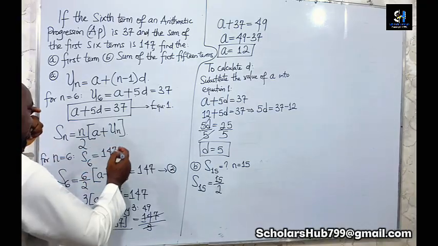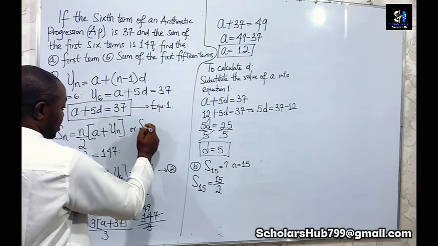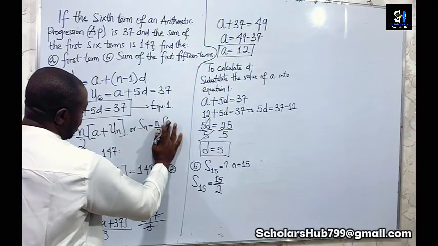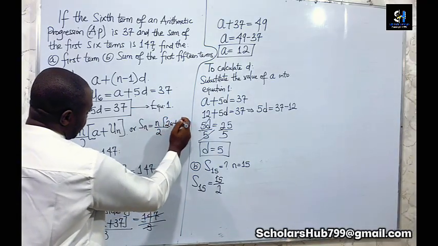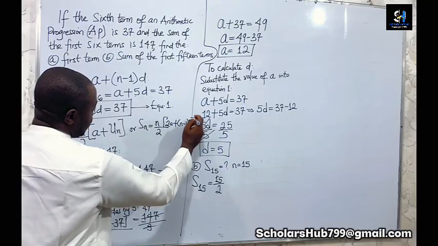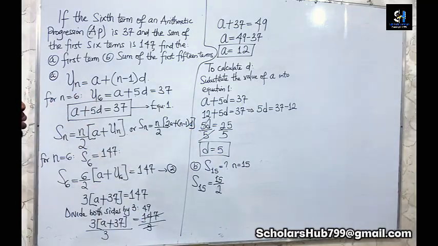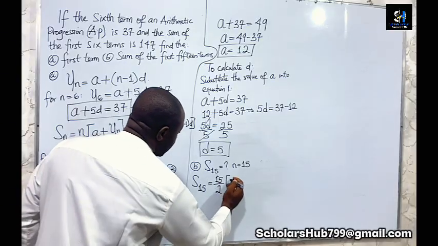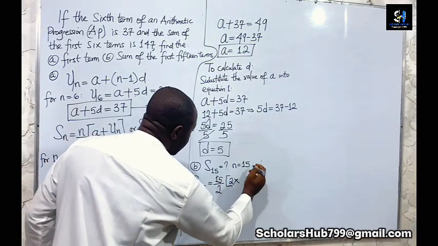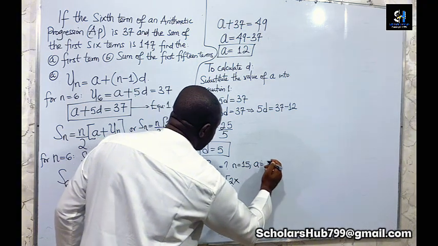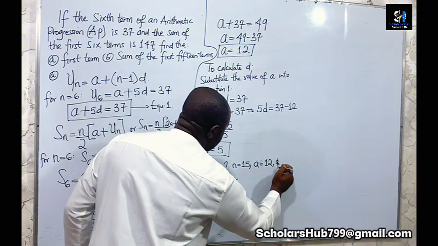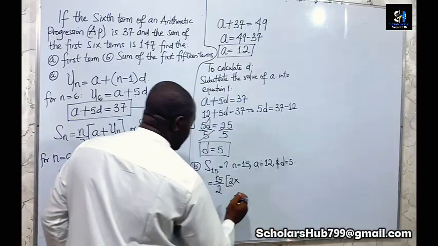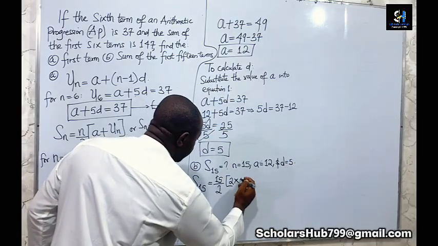Another way we can write this formula is s subscript n equals n over 2 square bracket 2a plus parenthesis n minus 1 times d. So this will be 15 over 2 square bracket 2 times a. Remember, a equals 12. Then the common difference is 5. So we have 2 times 12.